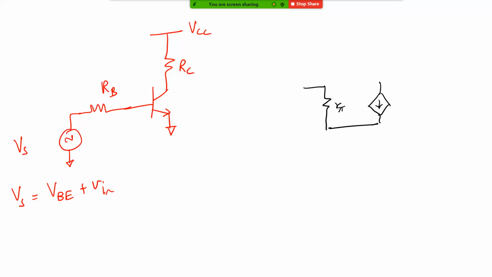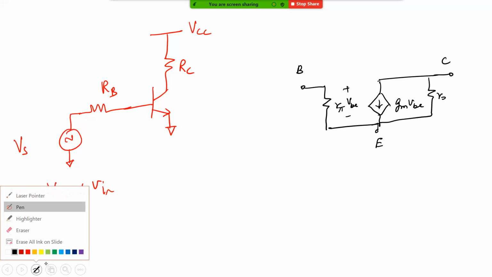It is r_pi, this is gm times vbe, and vbe is basically what is appearing here. And we said there is going to be r_o here. Now this is our collector node, this is our base node, this is our emitter node. Correct? So far so good. You are clear about what is what, right?